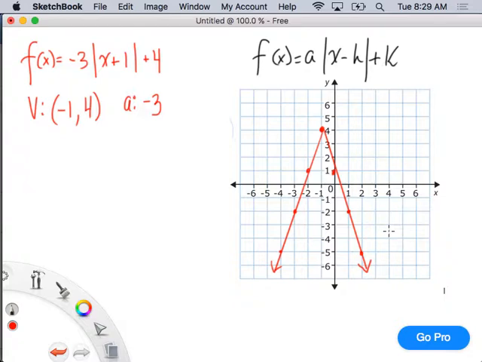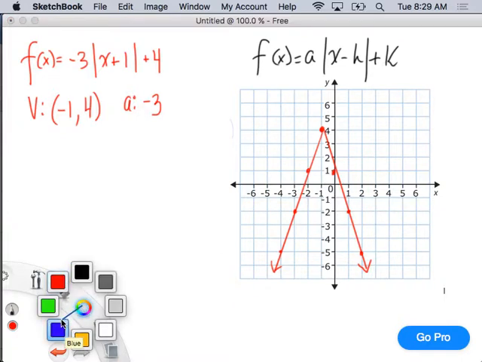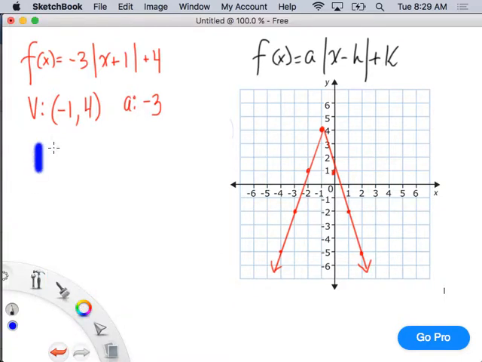Okay, so let's talk about the domain, range, and end behavior. First off, domain. What is the domain of this function? Yes, ma'am.